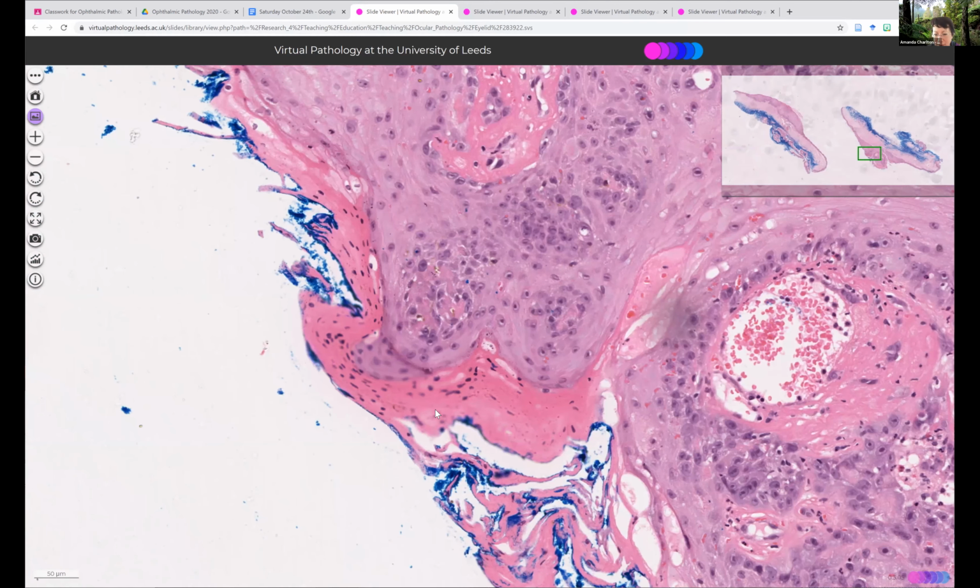Then I've got a question. Do we grade CIN via depth or via severity of dysplasia? Those two are related. If it was really, really severe dysplasia and still maturing normally, I would probably describe that.